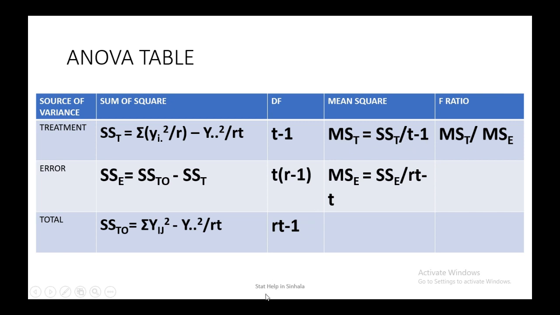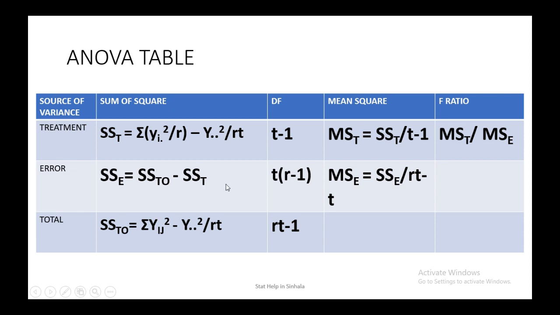Then for the total variance, sum of square total can be calculated by using this equation. Degree of freedom for the total can be calculated by using this equation.